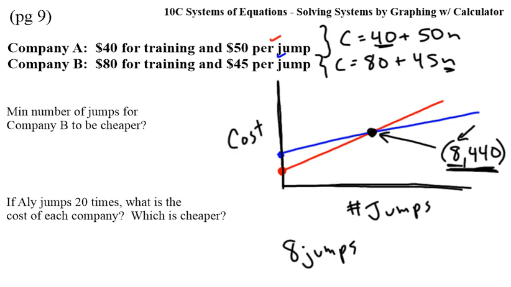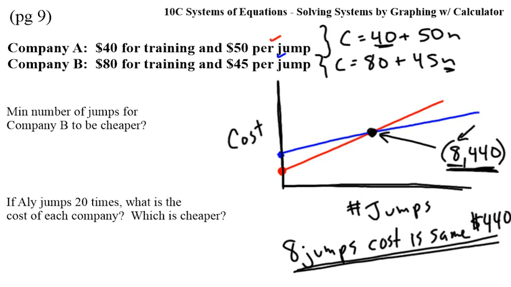When they've done 8 jumps with either company, the cost is the same at $440. So whichever company you go with, we see that they're exactly the same at 8 jumps, and it's a cost of $440. That's what the graph is telling us.